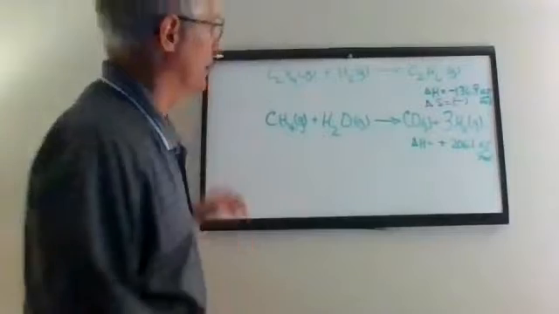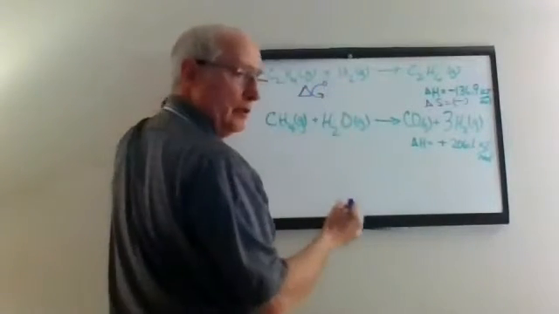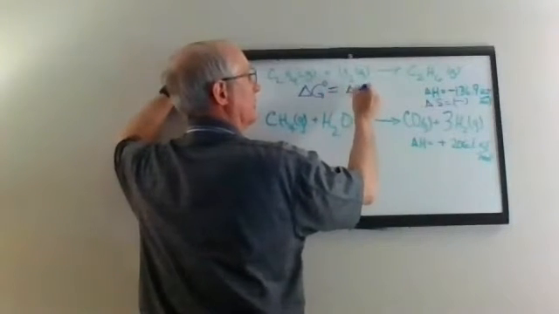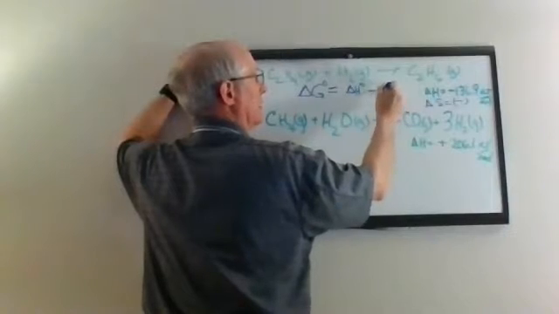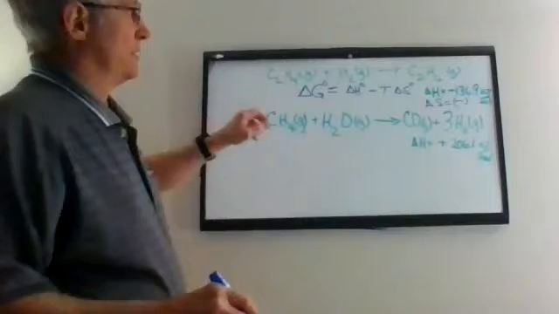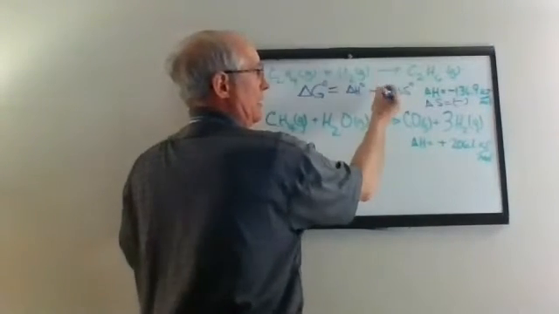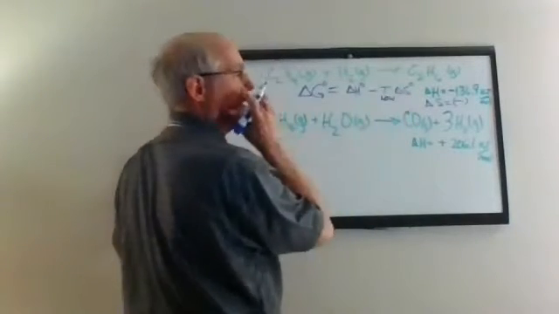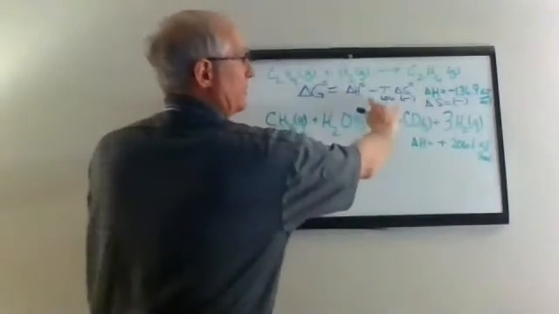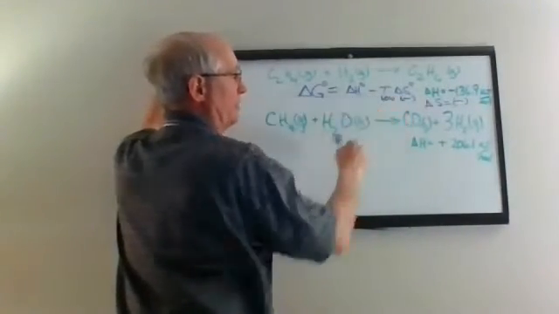let's go ahead and put that formula up there again. Gibbs free energy equation. Okay, so at low temperatures, and delta S is negative, a negative times a negative is a positive, and that's not going to influence it very much.